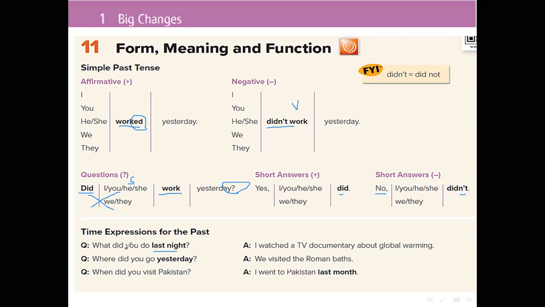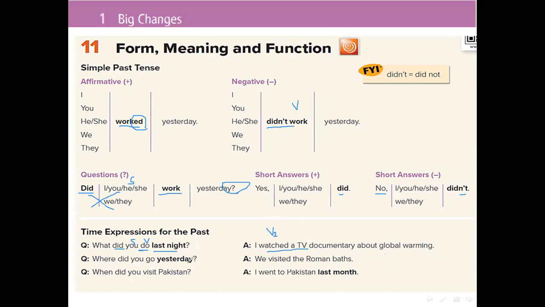So we must use did, question word, did plus subject plus the verb in the base form or infinitive form. How to answer this question? We should use simple past tense. I watched a TV documentary about global warming. Watched is the past form of watch. It's a regular verb, so we add ed.